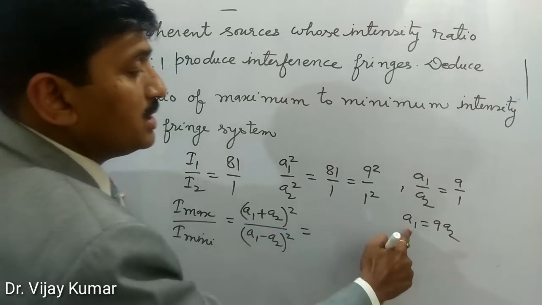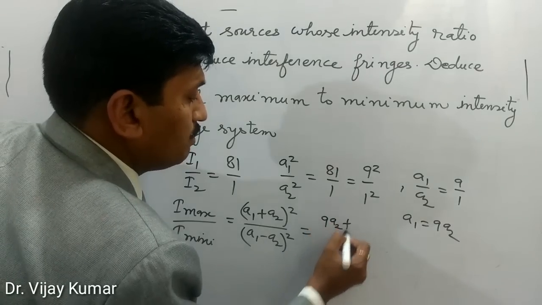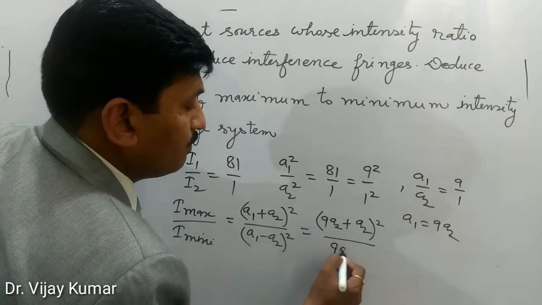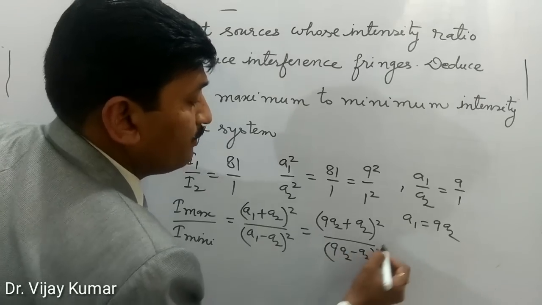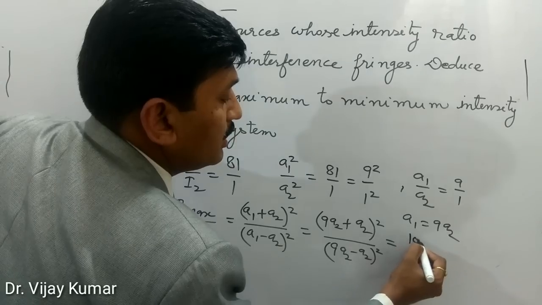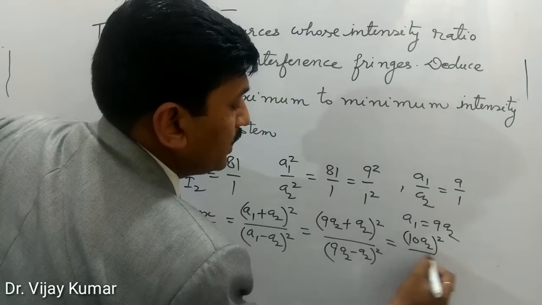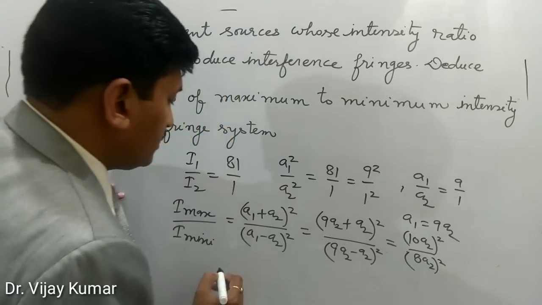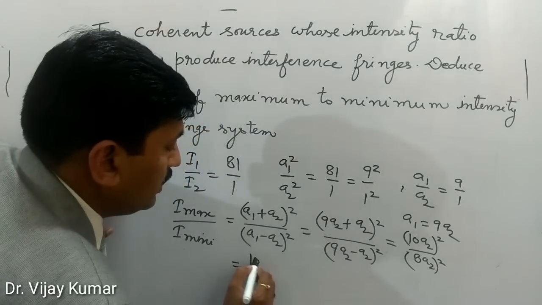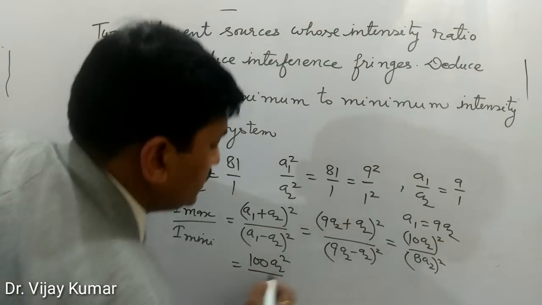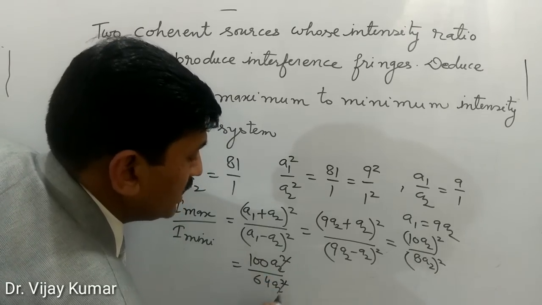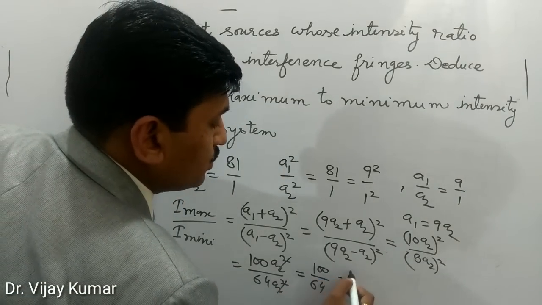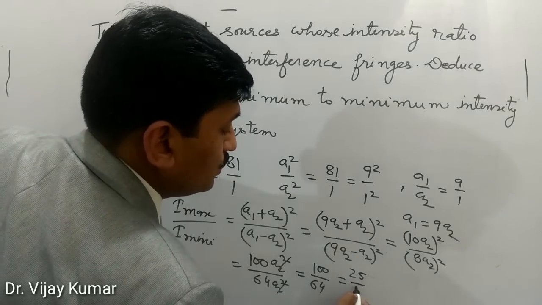With a1 equal to 9a2, it is 9a2 plus a2 whole square upon 9a2 minus a2 whole square. 9 plus 1 is 10, so 10a2 square upon 9 minus 1, which is 8a2 square, and it becomes 100 a2 square upon 64 a2 square. a2 square cancels out, leaving 100 upon 64, or we can write 25 to 16.